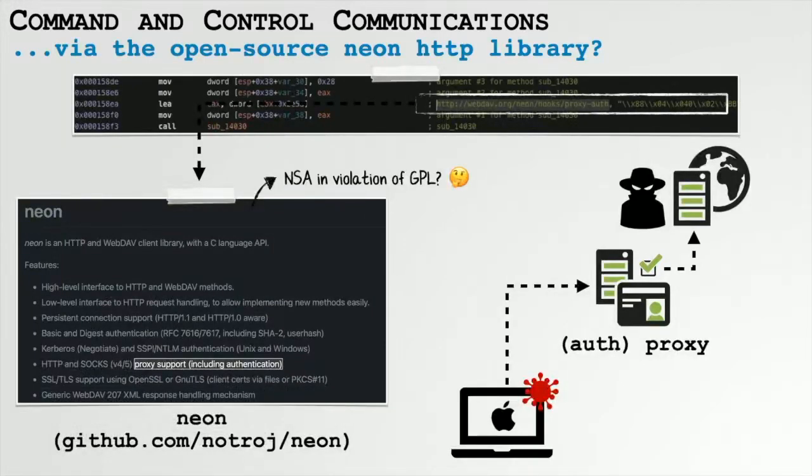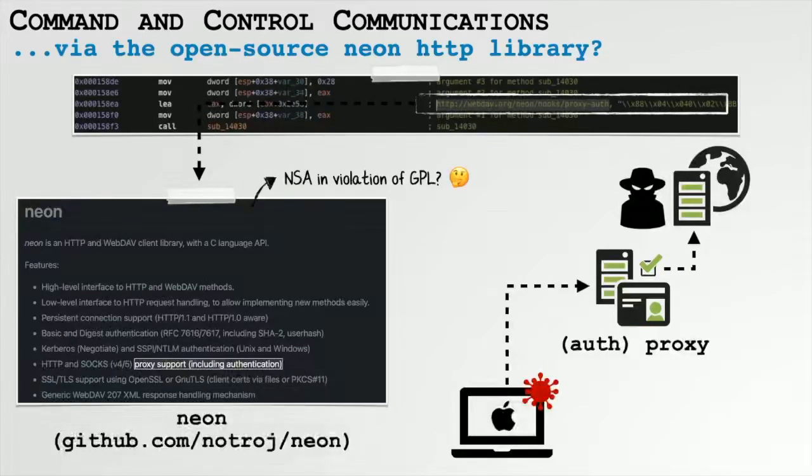One interesting thing, though, is that this library is A, cross-platform, but B, also supports logic to handle authenticating proxies. A lot of times, intelligence agencies' targets are rather security conscious and will be sitting behind authenticating proxies.